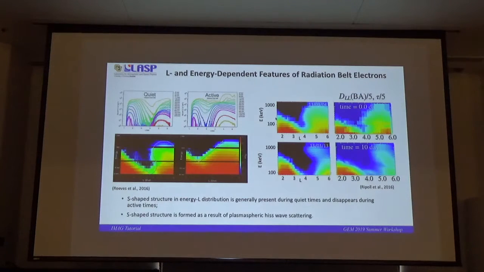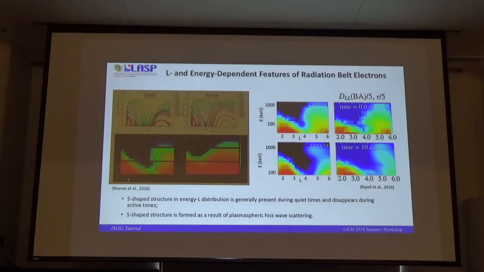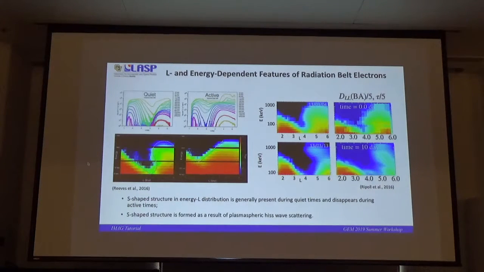So Van Allen Probes measurements also revealed some L and energy-dependent features of radiation-belt electrons. The left figure here from Reeves et al. in 2016 showed the energy-L distribution of the radiation-belt electrons with a whole range of energy and L shell.